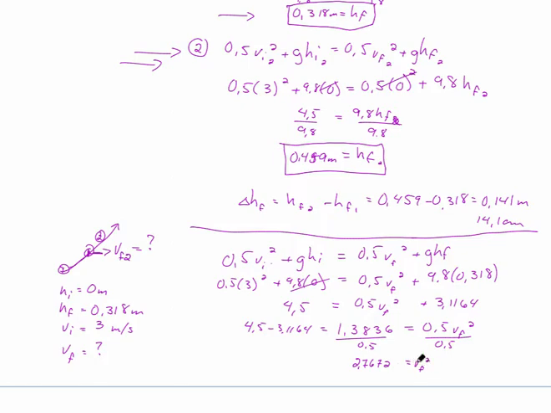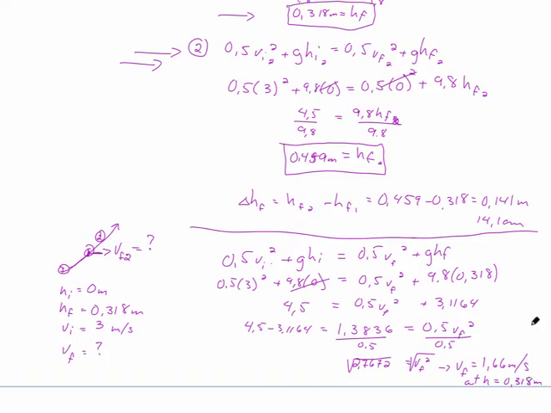So to have my final velocity, I need to take the square root, right? And I'm going to write my final velocity right here just because I have more room. My final velocity is 1.66 meters per second, but that is at an h of 0.318 meters.